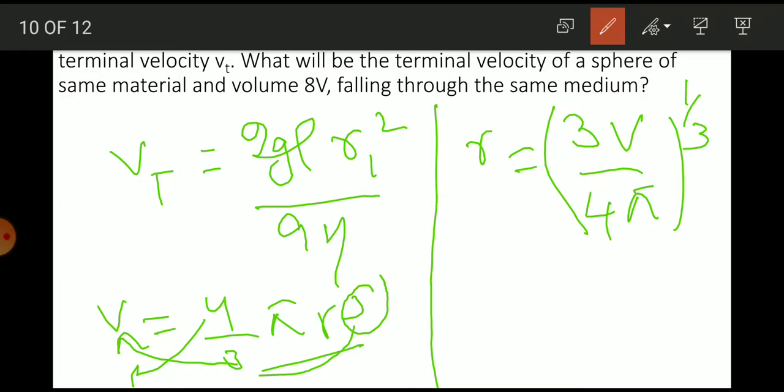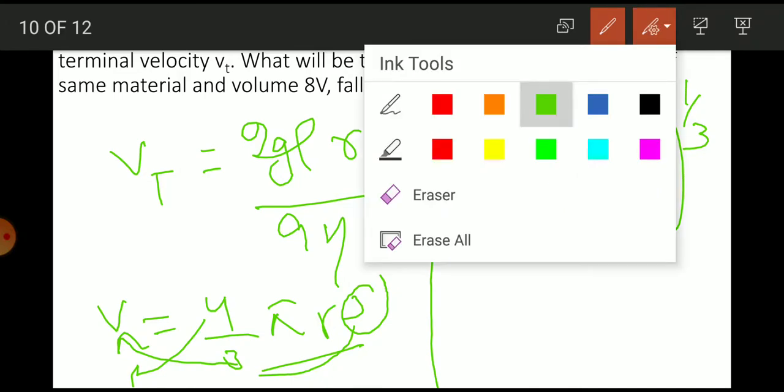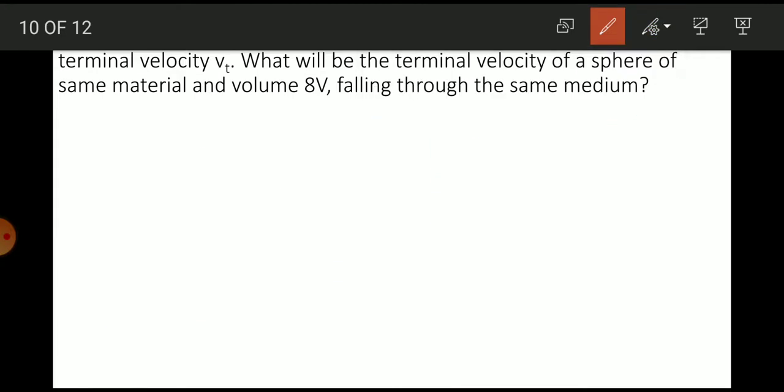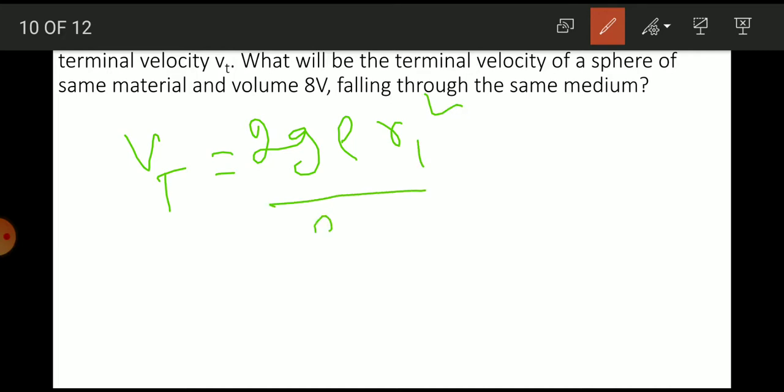Now V terminal is equal to, remember this equation. You will simplify, and in V terminal velocity, if you look at the equation, it is 2g rho r1 square divided by 9 eta.